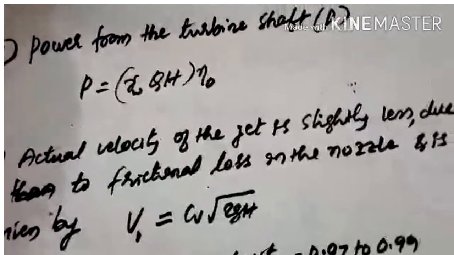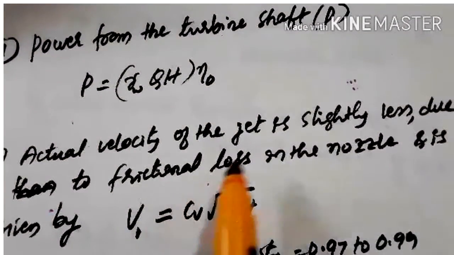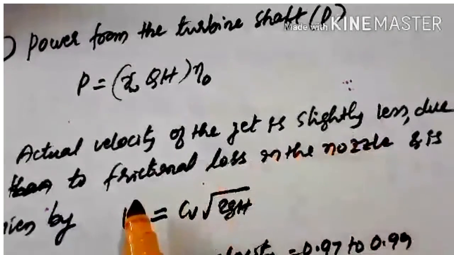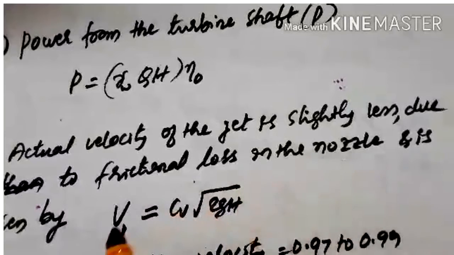Then the actual velocity of the jet is slightly less due to frictional loss in the nozzle and is given by V1 equal to CV into root of 2GH.